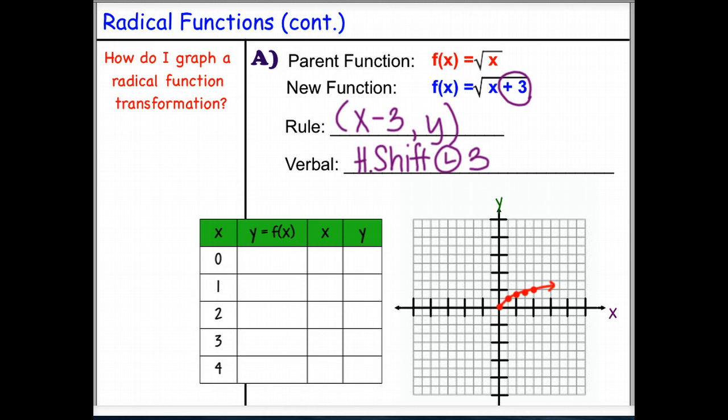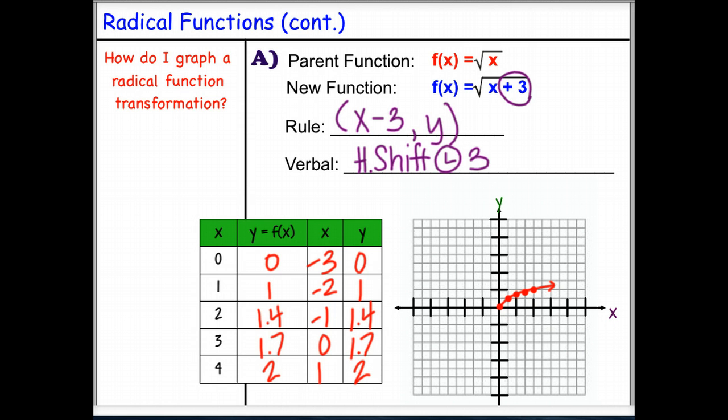So as you recall, with this original one, our f of x's are 0, 1, 1.4, 1.7, and 2. If we shift the x minus 3, that means x will be negative 3, negative 2, negative 1, 0, and 1, with our y still being 0, 1, 1.4, 1.7, and 2.